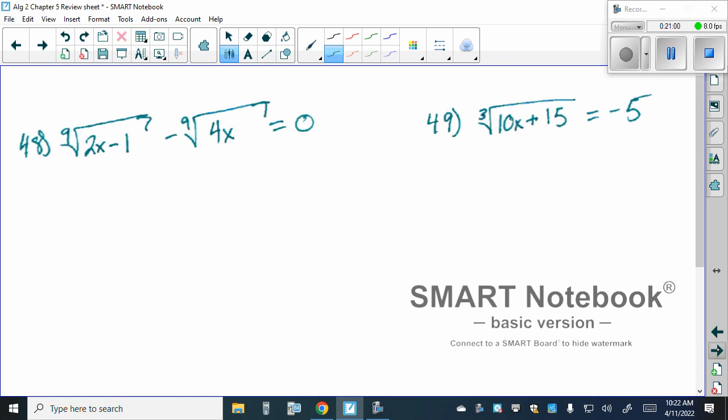If I was working this, I would mark out that 0. Because when we add it to both sides, they're both going to be positive and on opposite sides of the equal sign.